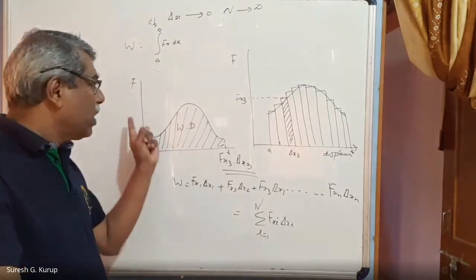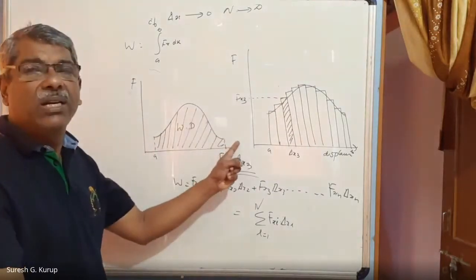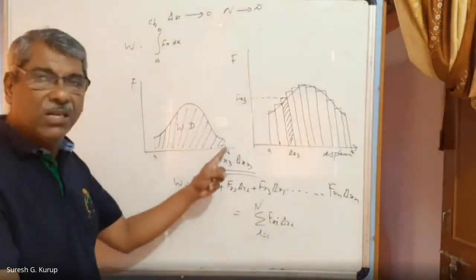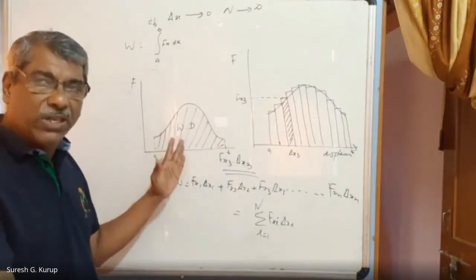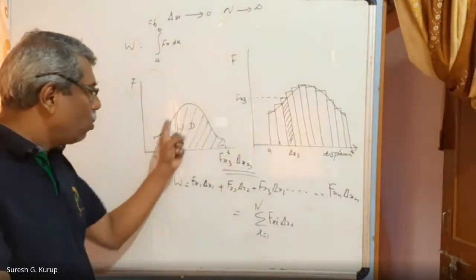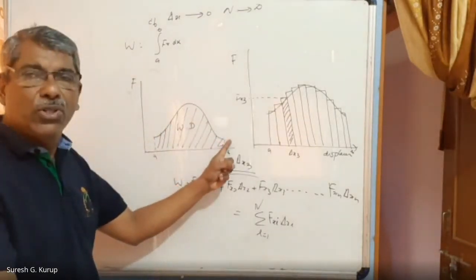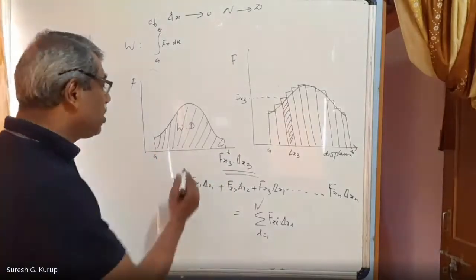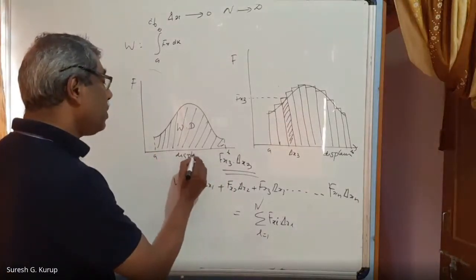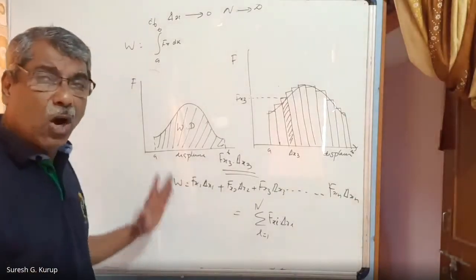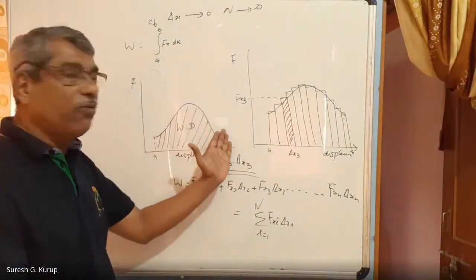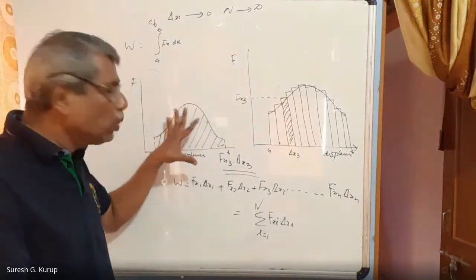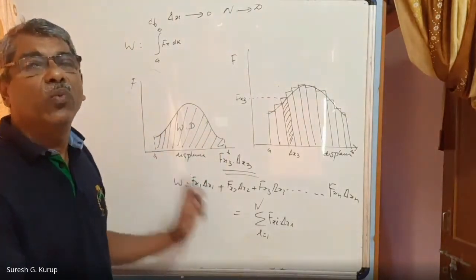what do we have to do? We have to plot the force-displacement graph, and the area enclosed by the force-displacement graph with respect to the displacement axis, that is how much area the variable force curve is enclosing, that is equal to the work done.